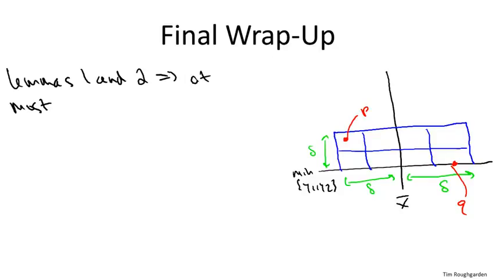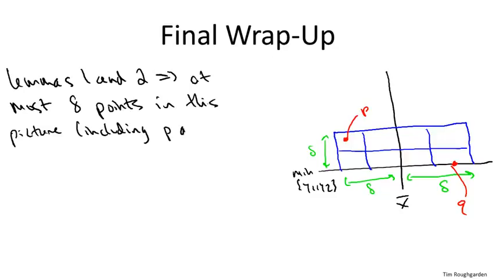So combining them, lemmas 1 and 2 imply that there are at most 8 points in this picture, and that includes P and Q, because they also occupy 2 of the 8 boxes. So in the worst case, if this is as densely populated as could possibly be, given lemmas 1 and 2, every other box might have a point, and perhaps every one of those points has Y coordinate between P and Q. But this is as bad as it gets.